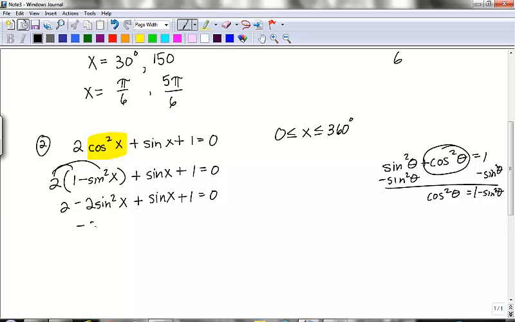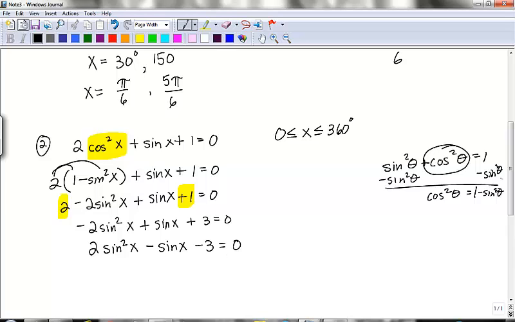I end up with a negative 2 sine squared x plus sine x plus 3. I can combine these two like terms. Now, you are used to factoring with a positive right here. So multiply by negative 1 all the way across. If I multiply by negative 1, that's going to change that to 2 sine squared x minus sine x minus 3. It just changes all the signs.